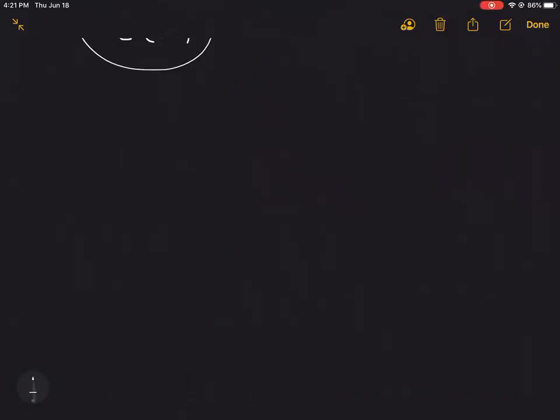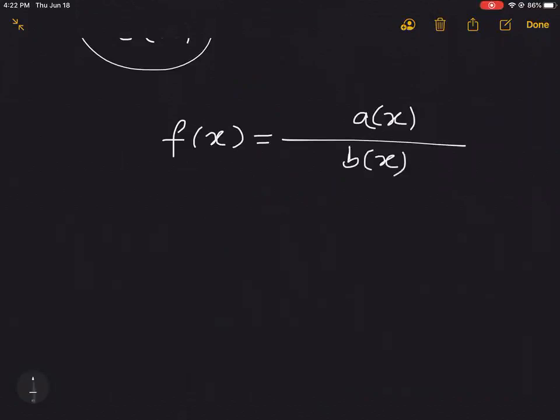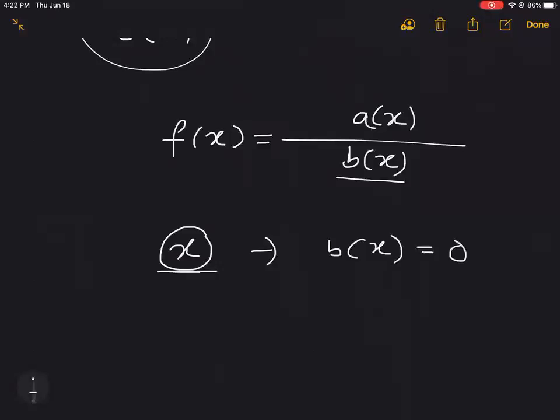Anyway, whenever you have a fraction, let's say f of x equals a of x over b of x, or a rational function of this format, all you want are the values of x which make b of x 0. That means the values of x for which b of x will be 0.